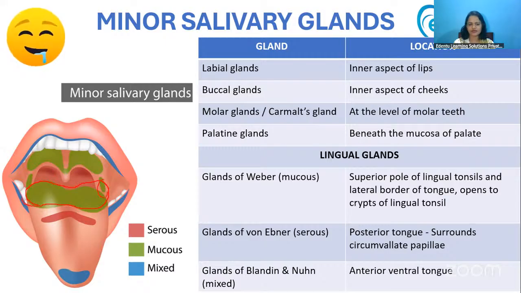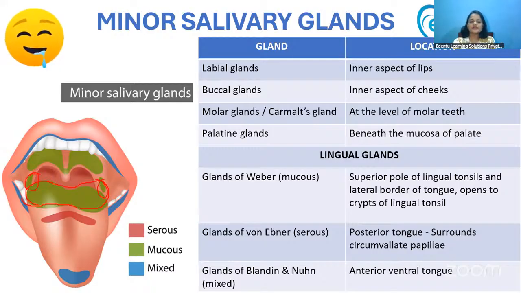These glands of Weber are purely mucus type of gland. Mucus type of gland means very thick secretion, whereas serous type of secretion means the secretion will be somewhat watery in nature.